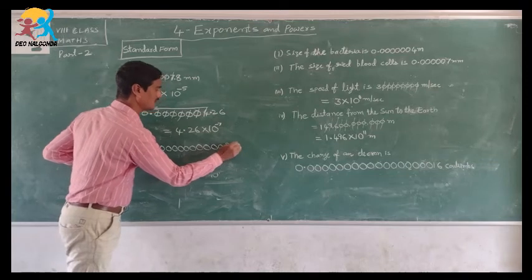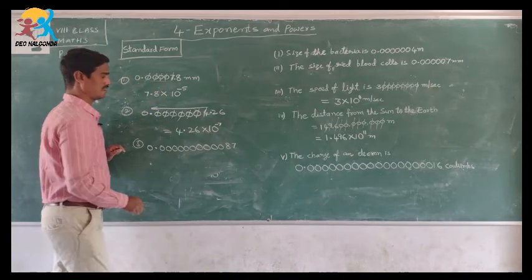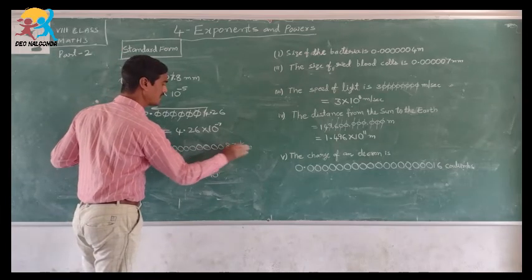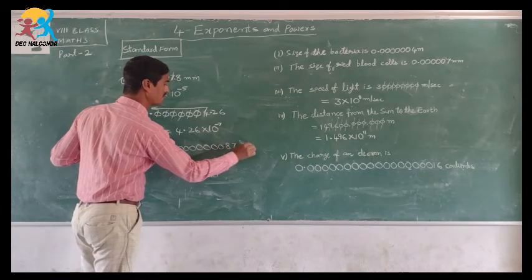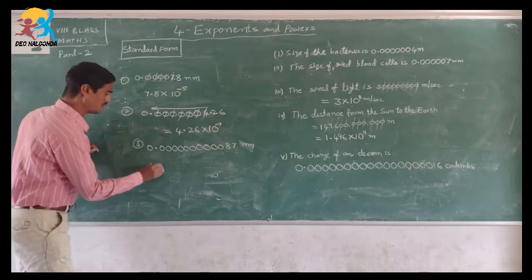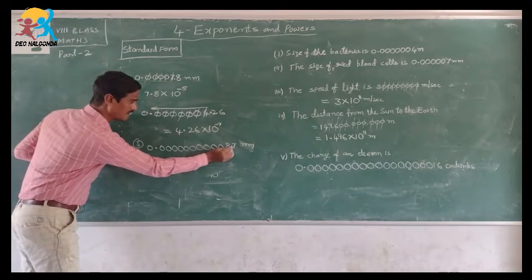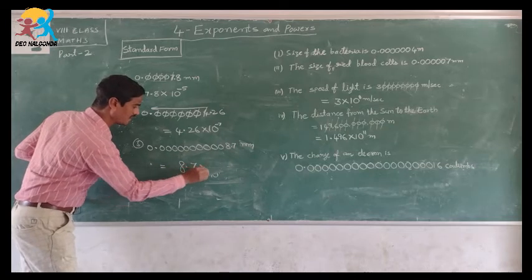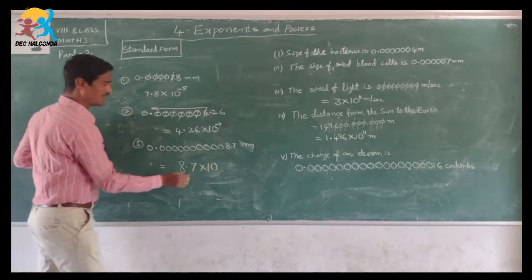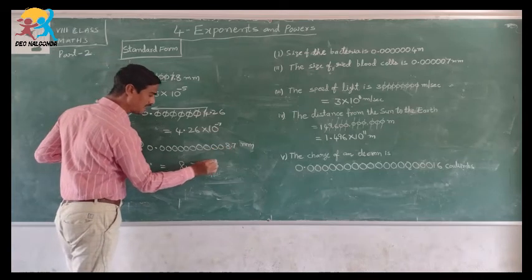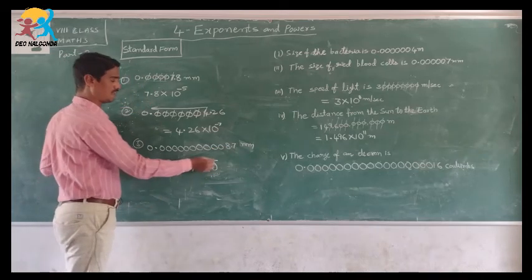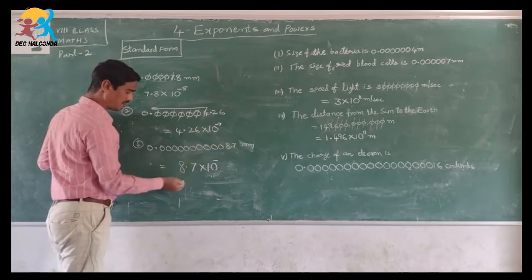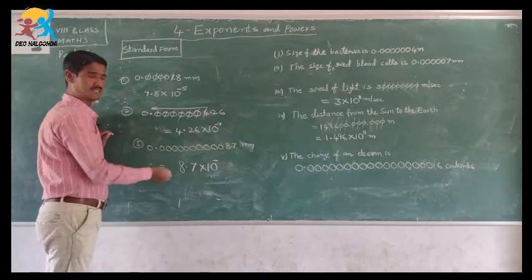0.000000087, let us suppose 87. The value may be given in kilometers or millimeters. So we have to keep the point here. So 8.7 into 10 to the power of, how much should we write? We have to write negative only, because we are counting right to left, so we are reducing the decimal place.